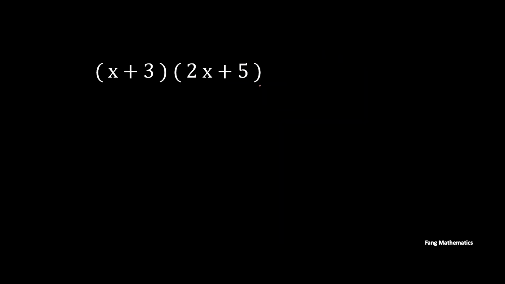Moving on, we are to expand this binomial using FOIL. Let's recall FOIL. F, O, I, and L. Let's start from F. So the first term in each binomial, x multiplied by 2x.